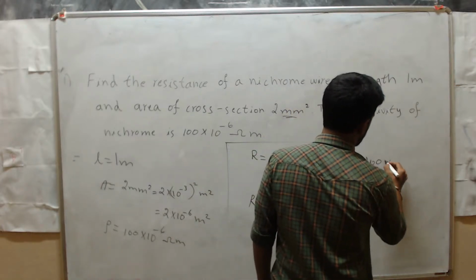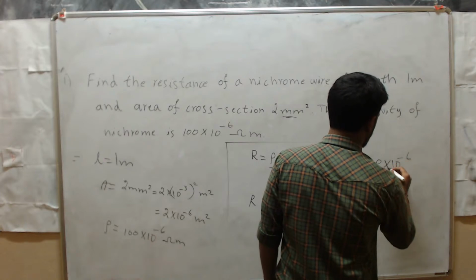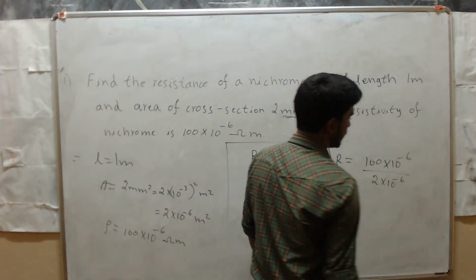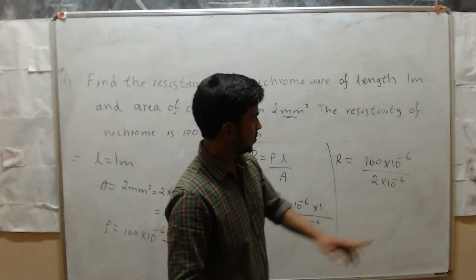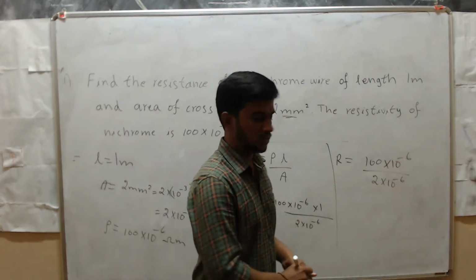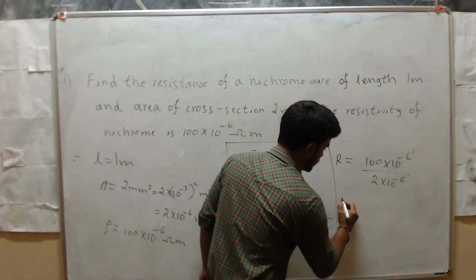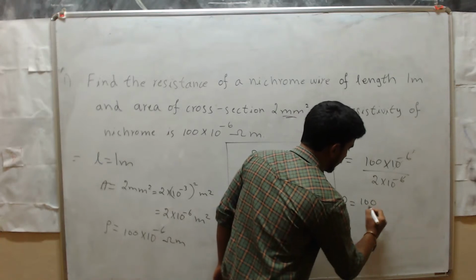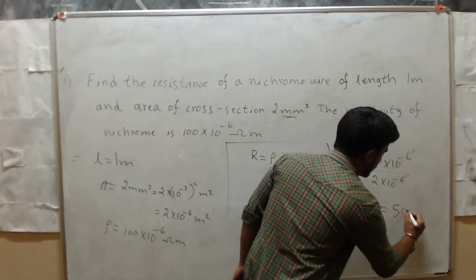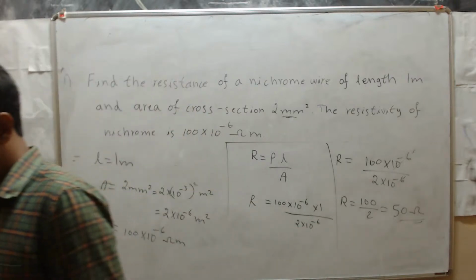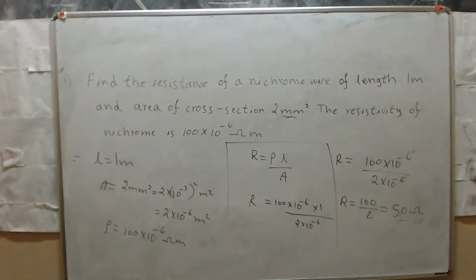So 100 into 10 raised to the power minus 6 divided by 2 into 10 raised to the power minus 6. Both minus 6 cancel each other. Then remaining is R is equal to 100 divided by 2. So you get 50 ohm, because the unit of resistance is ohm, right? So the answer is 50 ohm. Okay.